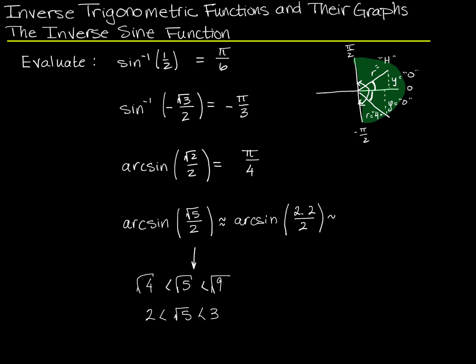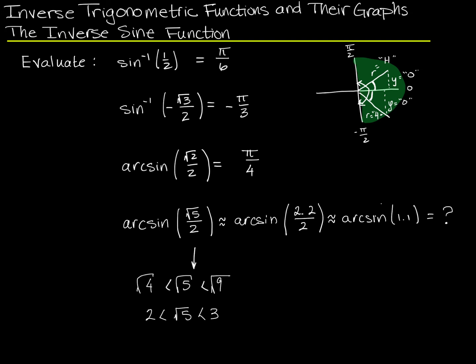And that's approximately the arcsine of 1.1, just reducing my fraction here. Now, the problem here is that when we ask for the arcsine, or the sine inverse, what we're asking is, what is the angle whose sine is 1.1?